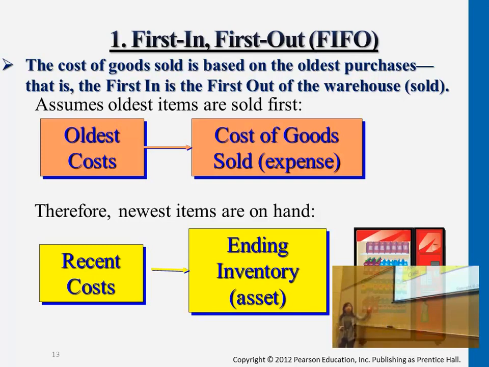So keep in mind that these inventory methods only apply whenever we start selling the products. If we're just purchasing inventory, then we're just accumulating the inventory account. We're not using any of these inventory costing methods. So we start to use these methods whenever we start selling the products to customers. Remember, in Chapter 5 we talked about a lot of purchase transactions, and then we moved on to talk about sales transactions.